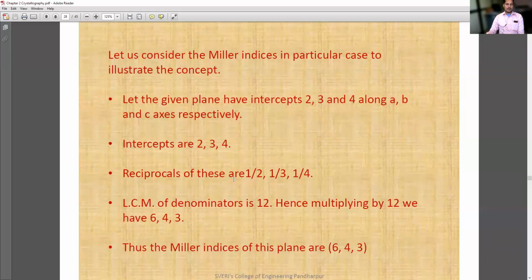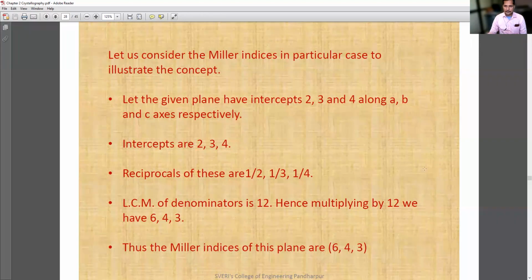Next, the reciprocals of these are 1 by 2, 1 by 3, 1 by 4. Now the LCM of the denominators is 12, hence multiplying each term by 12 we are getting 6, 4, 3. So the Miller indices is nothing but 643.